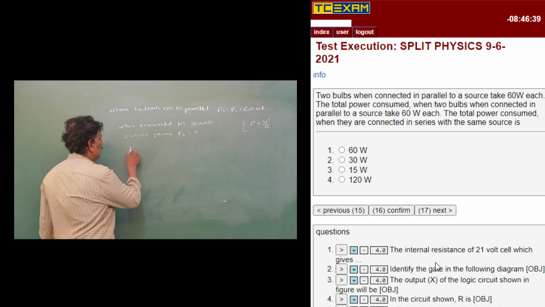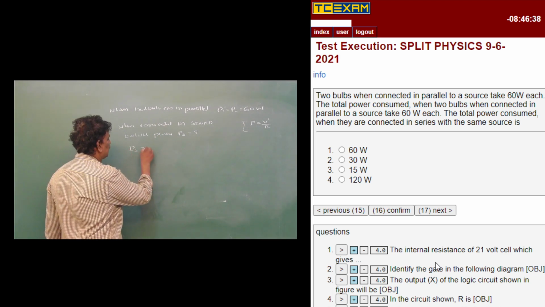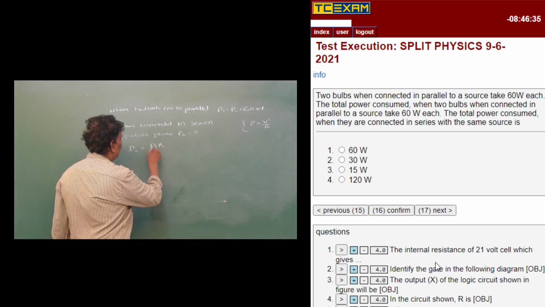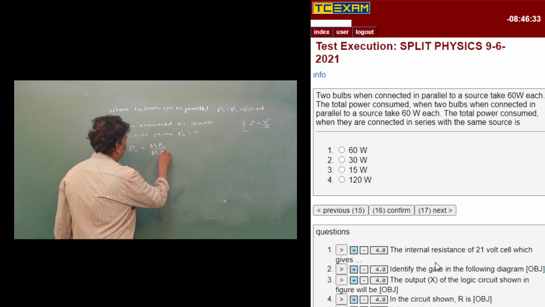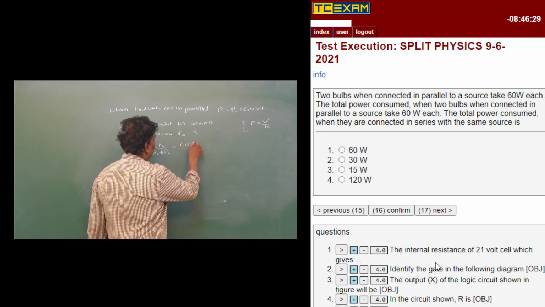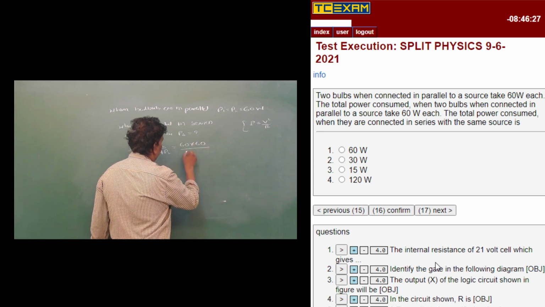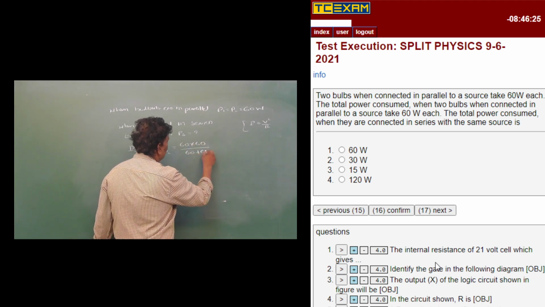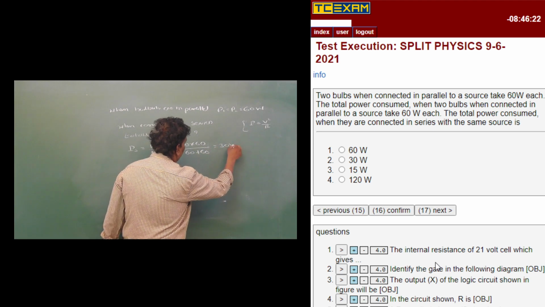Therefore, the total power in series combination is equal to P1 into P2 by P1 plus P2, that is 60 into 60 divided by 60 plus 60, which is equal to 30 watt.